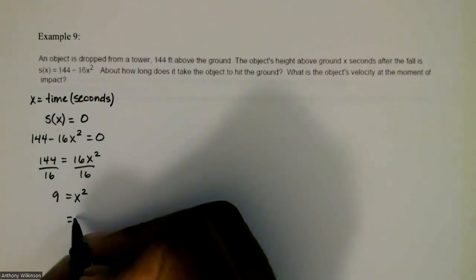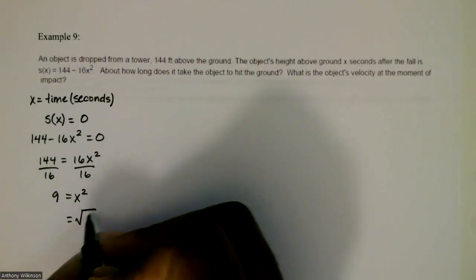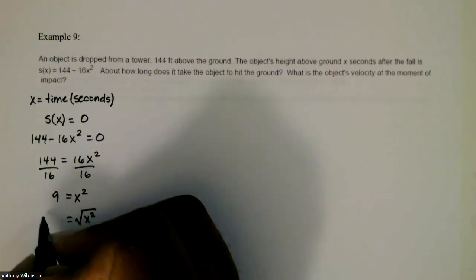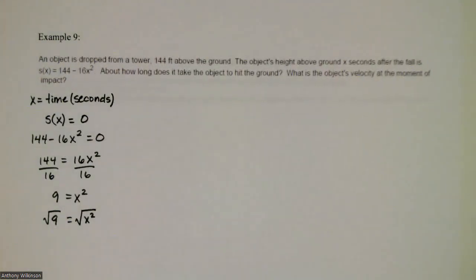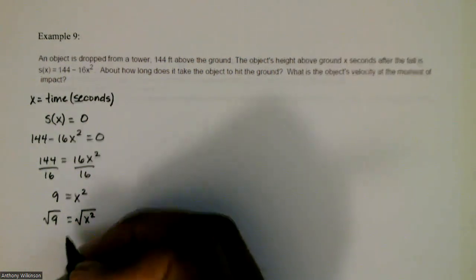And to solve for x, I'm squaring it, so I need to take the square root on both sides. Now, since I'm dealing with time, which is going to be x in seconds, x is the number of seconds, time can't be negative.